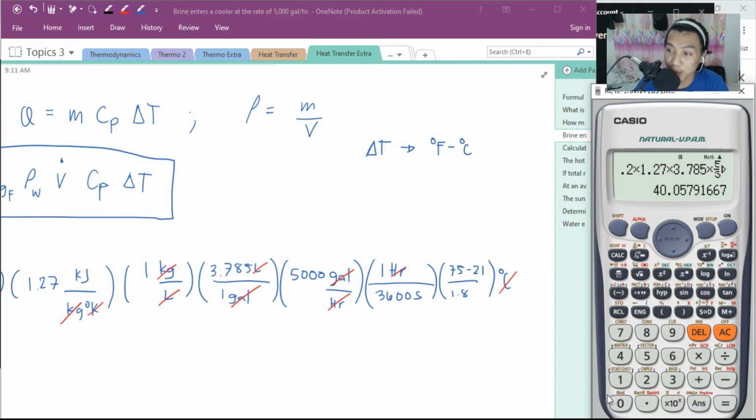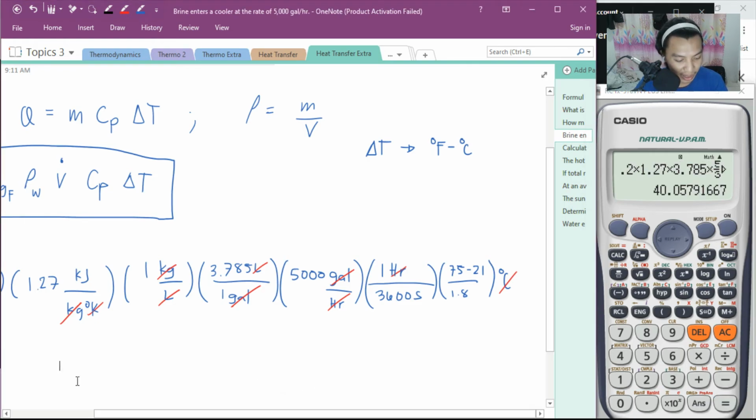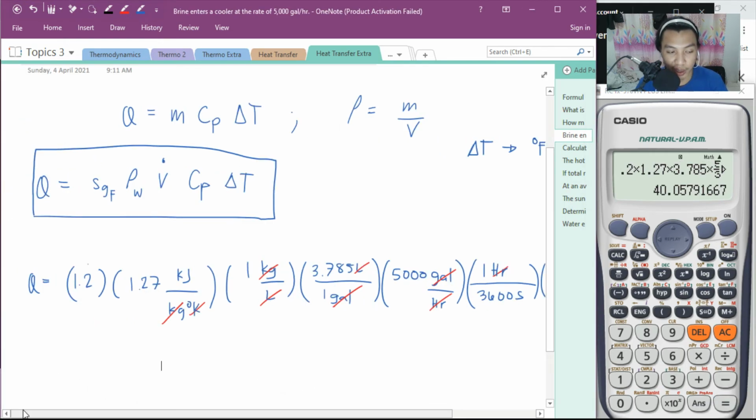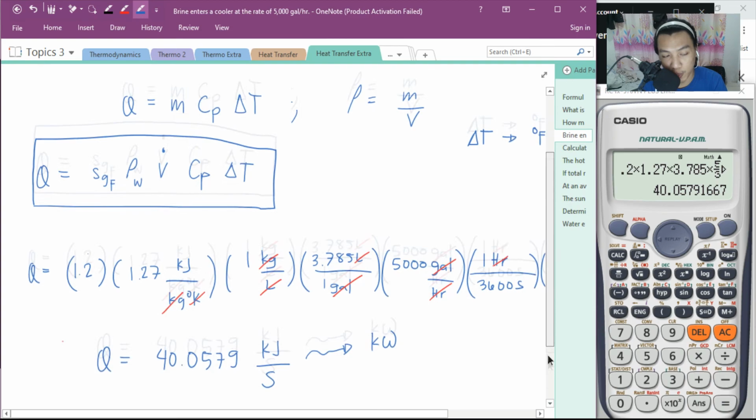Now, the answer will be in kilowatts. The Q will be equal to 40.0579 kilowatts. Kasi kilojoule per second eh. Kaya lang, kailangan natin is in HP.